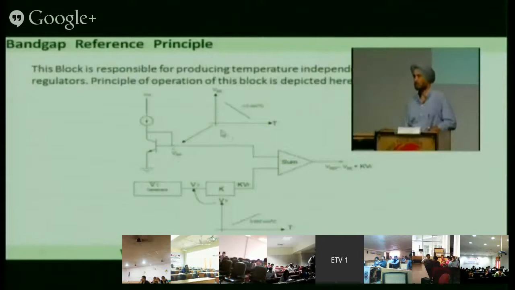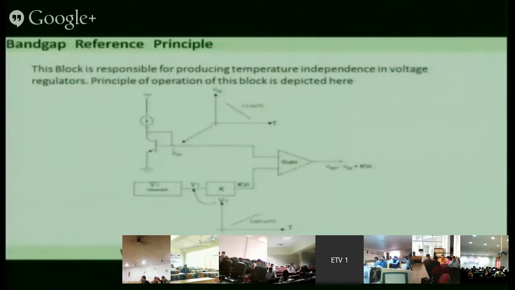This is a reverse biased PN junction. As this transistor is an NPN, this junction is reverse biased and this junction is forward biased when the transistor is on. So VBE falls with temperature, and how much does it fall? It falls by minus 1.5 millivolt per degree centigrade.